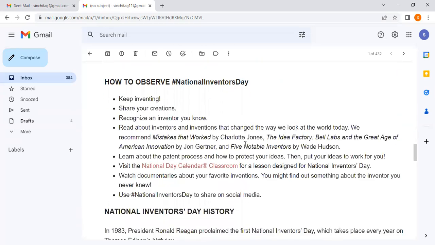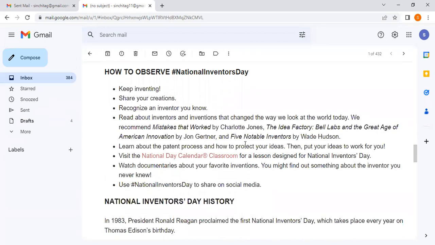So now read this thing. How to observe National Inventors Day. Keep inventing. Share your creations. Recognize an inventor you know.